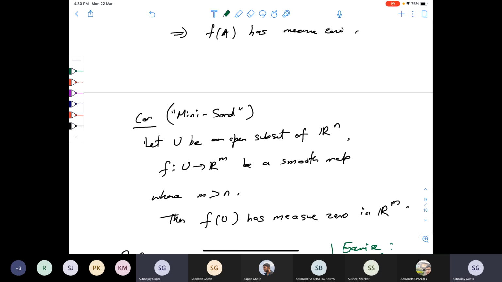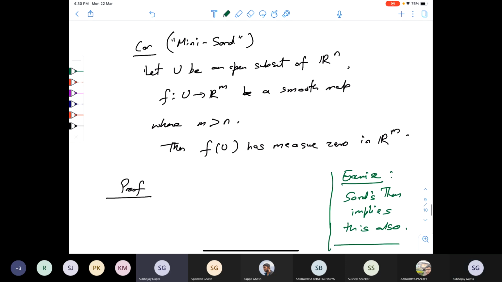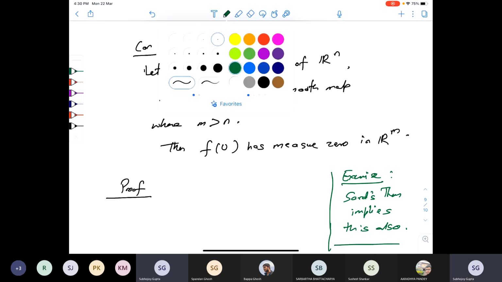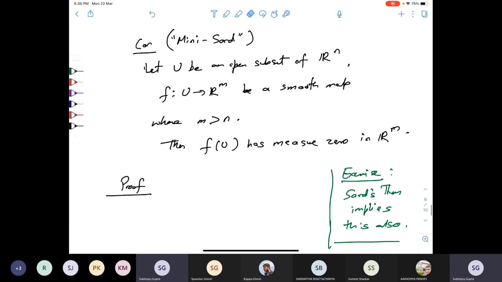So we want to show this using the proposition. In other words, whenever you are mapping some subset into a Euclidean space of bigger dimension, your image will always have measure 0.